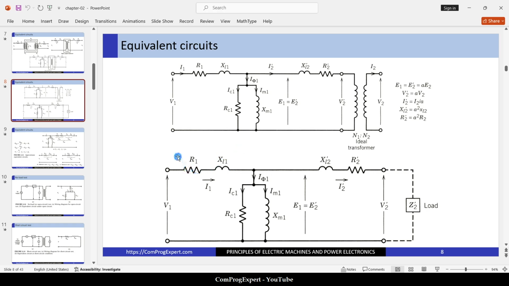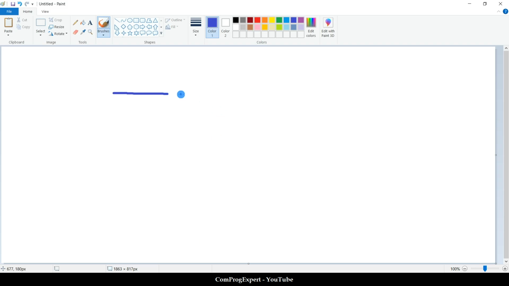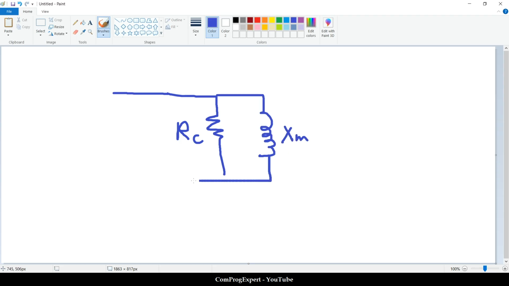So we neglect this part. So we have this circuit. This is the resistance of the core, and this is the magnetizing inductance XM. This is the ideal transformer.